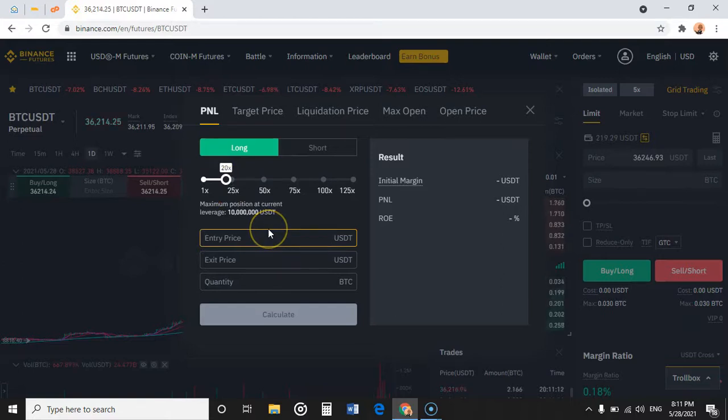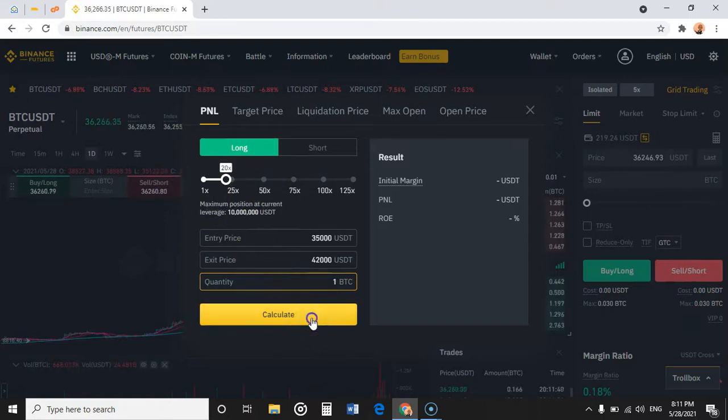I'll just come here and say, okay, I want to long Bitcoin at $36,000, let me say $35,000. Okay, so I'll prefer to set an order at this price point, and I want my exit price to be $42,000. That's an increment of $7,000. Okay, so I want to use 1 Bitcoin to achieve that.